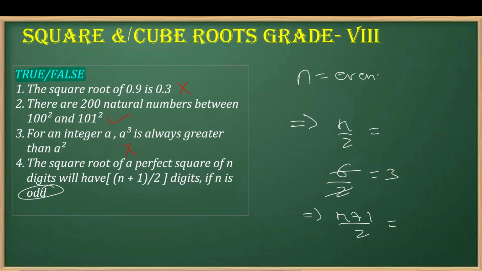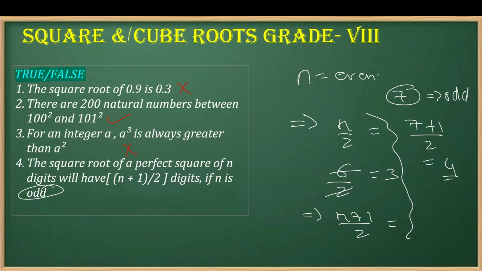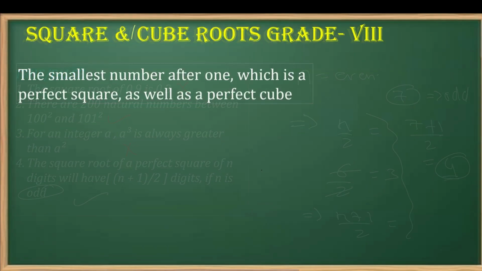For example, if I take a 7-digit number, which is odd over here, then after finding the square root, it will have 7 plus 1 over 2, that is 8 over 2. It will have 4 digits. So that's the rule over here. So this is a correct statement.